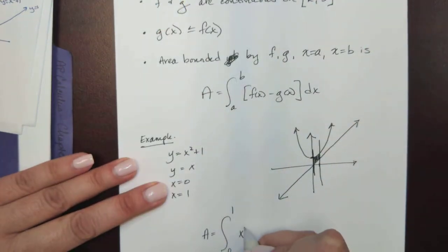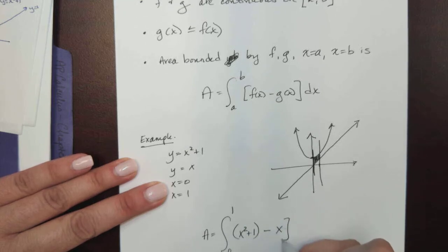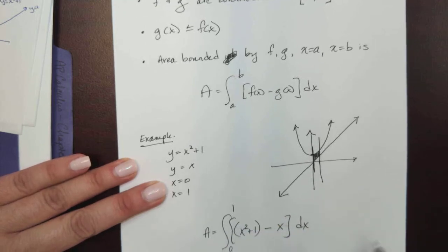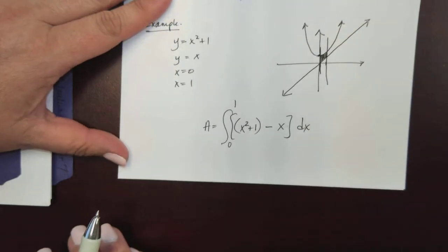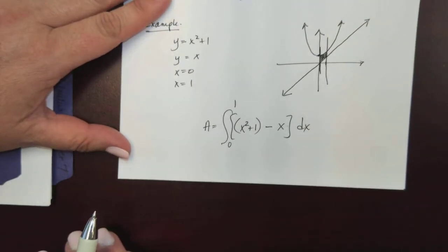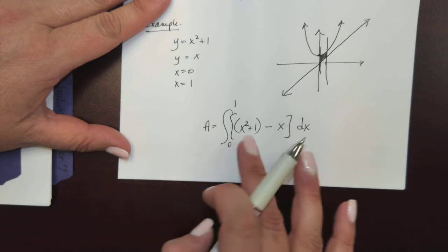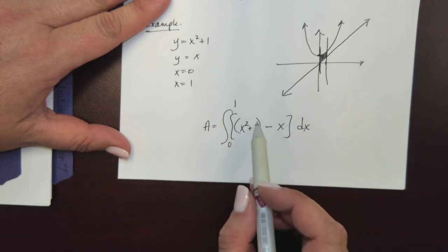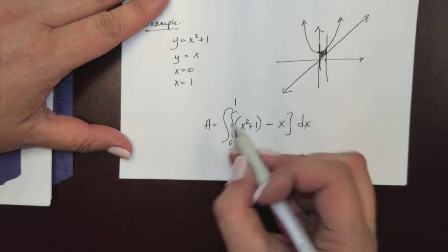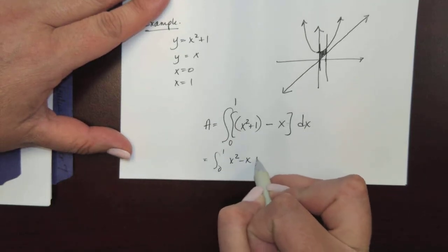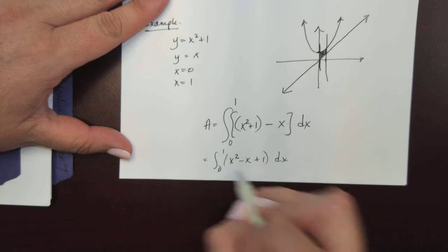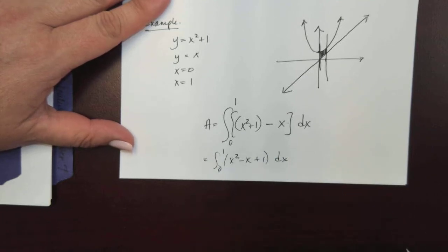So it's going to be x squared plus 1 minus x dx. I don't really need parentheses here. So I have the integral from 0 to 1 of x squared minus x plus 1 dx, if I wanted to make it fancy and nice.